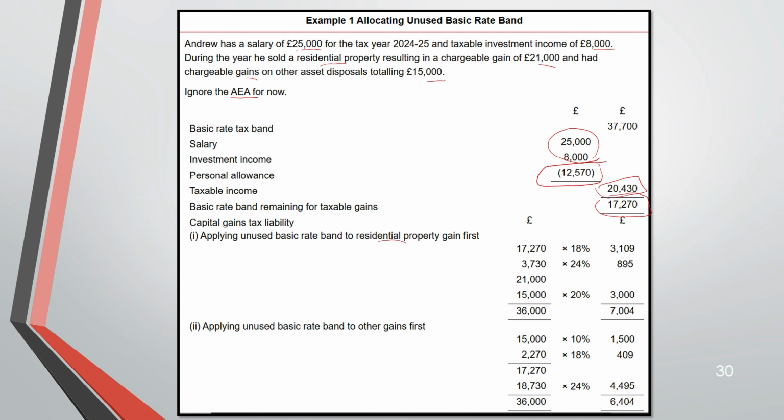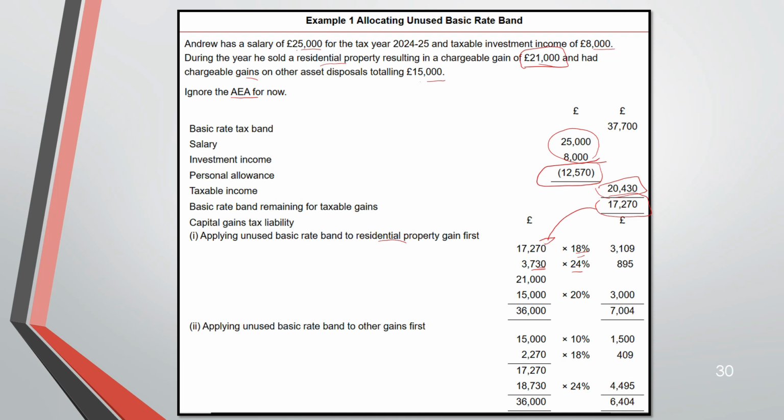So 17,270 will be charged at 18%. The balance of your residential property: what is your residential gain? 21,000. So out of 21, 17,270 is at basic and 3,730 at the higher rate, that is 24.